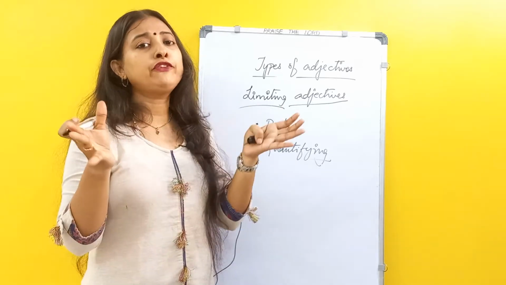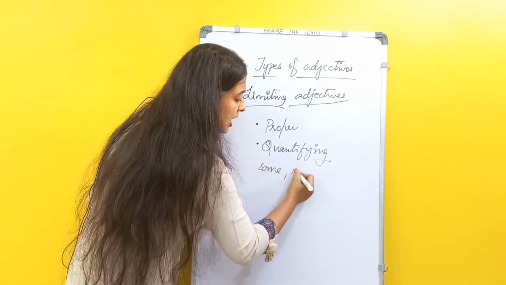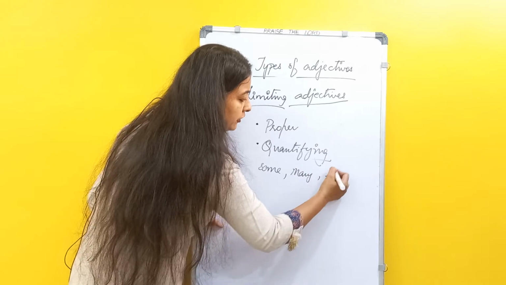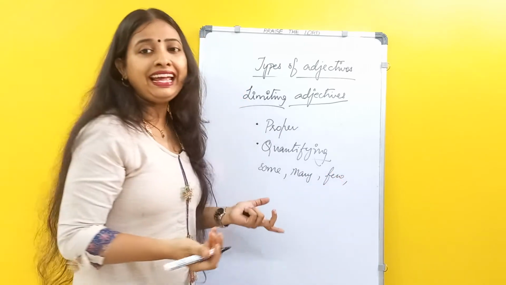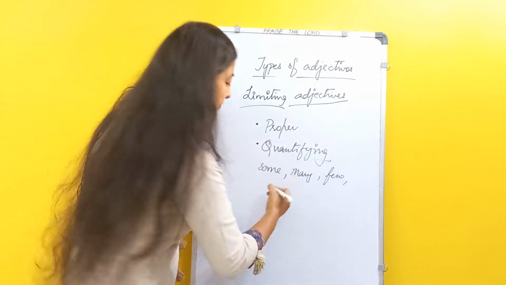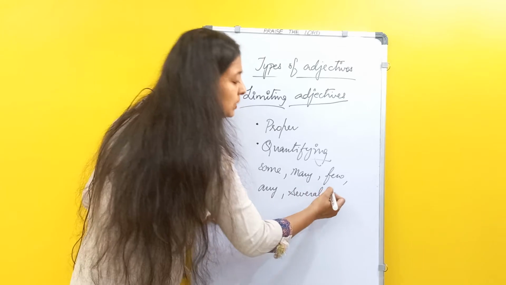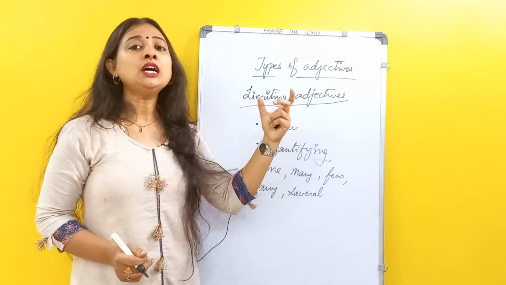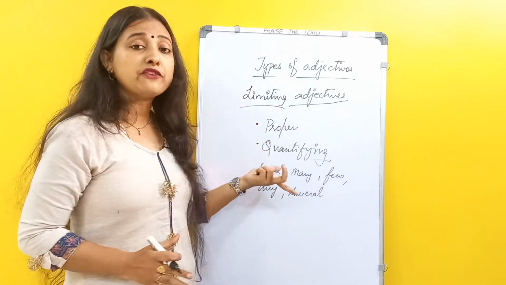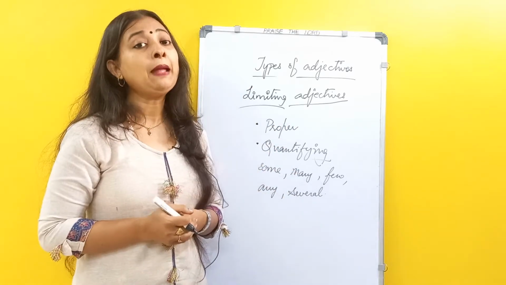Words like some, many, few, less, all, several, any. These are the words which are used to mention the quantity, so they are called quantifying adjectives. This is one way of expressing, wherein the number is not particularly mentioned.